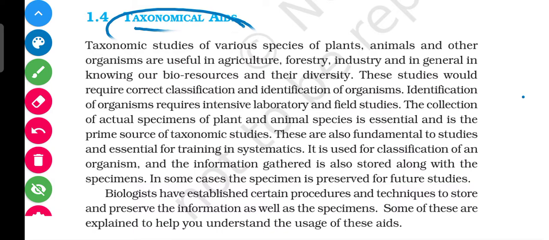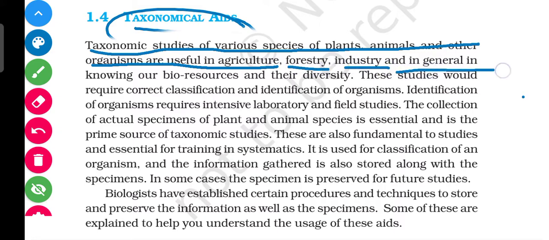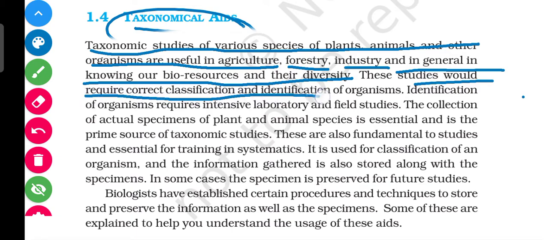So let's start. Taxonomic studies of various species of plants, animals, and other organisms are useful in agriculture, forestry, industry, and in general in knowing bioresources and their diversity. This study would require correct classification and identification of organisms, which require investigative laboratory and field studies.